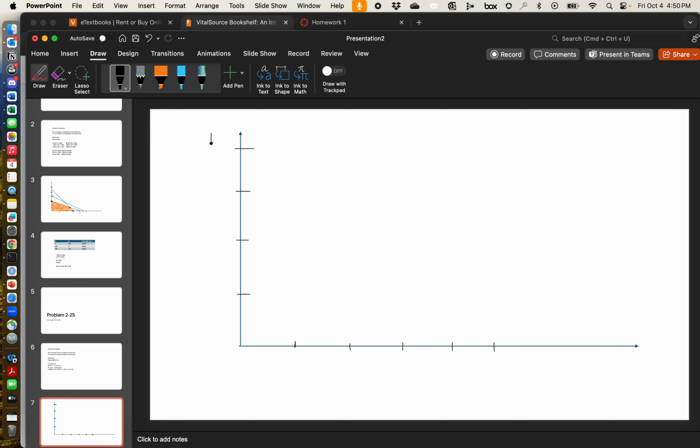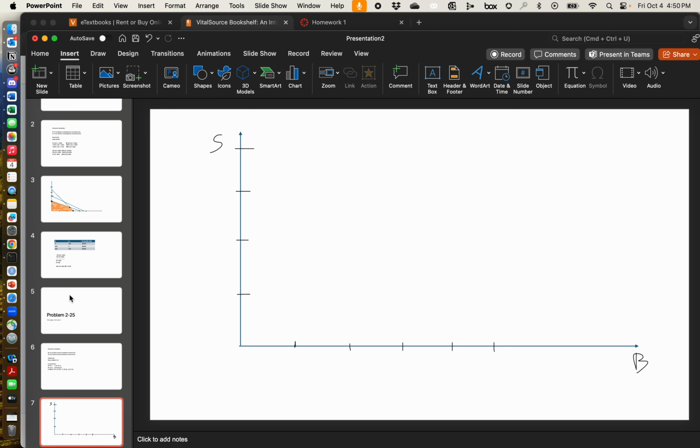Just to be clear, we have the b axis and the s axis. This is going to be b, and this is going to be s. All right, so now let's draw the first constraint.